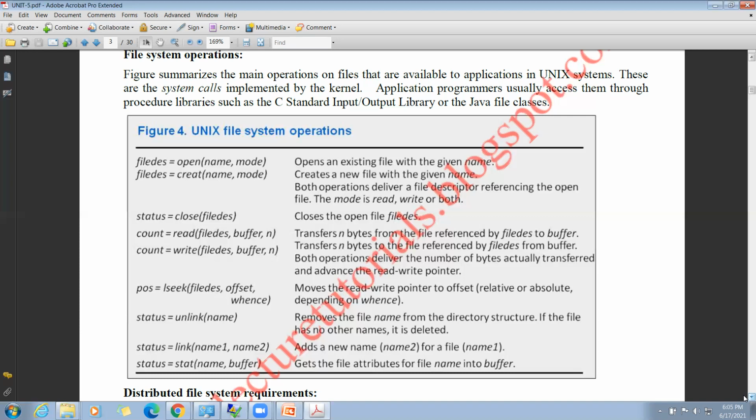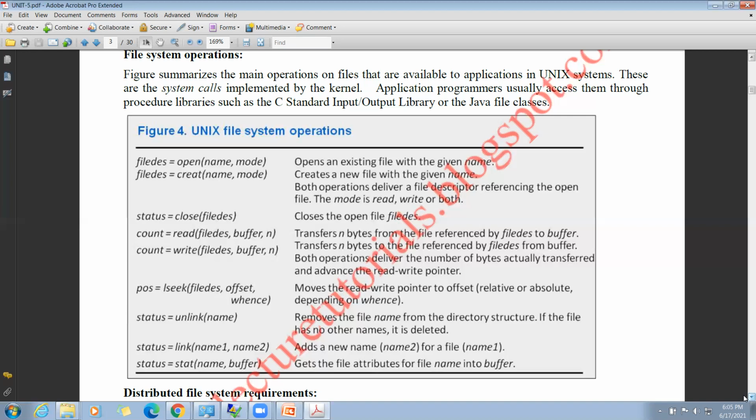Here, coming to the read, it transfers n bytes from the file referenced by the file descriptor to the buffer. Next, similarly for the write operation also. Next, POS. That means pointer to offset. It moves the read write pointer to offset.